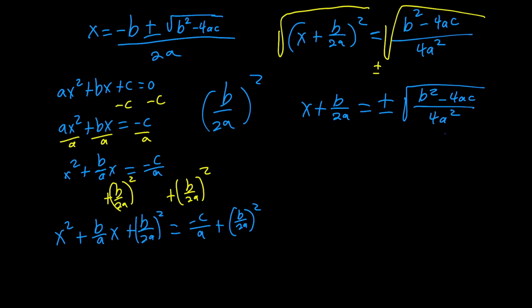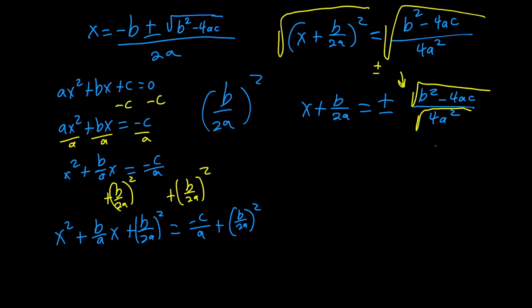One of our wonderful exponent properties is that this radical here can be distributed onto the numerator and the denominator. So that means that this expression is the same as having a square root in the numerator and a square root in the denominator.